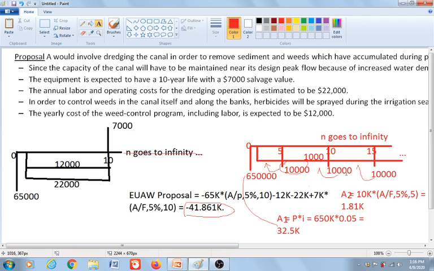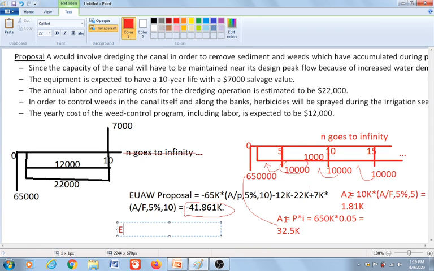From the next 10,000, that A will happen from year 6 till year 10, and so on and so forth. So the 1.81k will happen forever, every year.